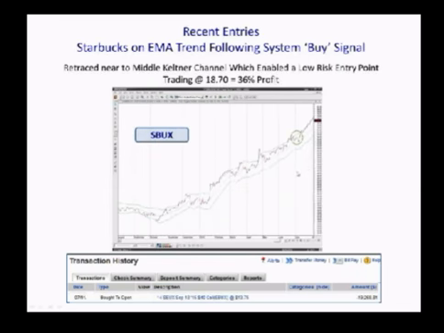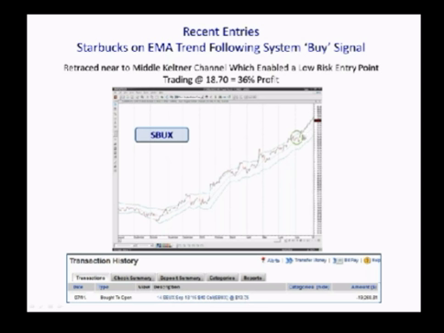Here's another example. This is for Starbucks, and you can see when we took this snapshot that Starbucks was in a strong price uptrend, and when it got overbought, it normally retraced to the middle channel. So we were following this, and then right in here, we pulled the trigger when it retraced to the middle channel. We bought 14 of the Starbucks 40 strike calls at 13.75.